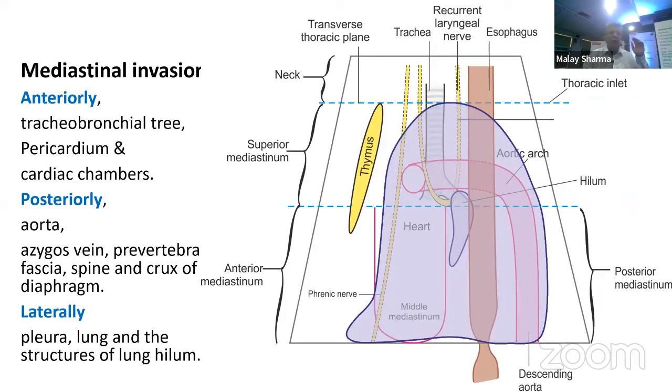So mediastinal invasion can occur anteriorly, posteriorly, or laterally. Generally, when people think of mediastinal invasion, they are only thinking of the aorta. But mediastinal invasion is when the esophageal tumor has spread anteriorly or posteriorly or laterally into one of the following structures.